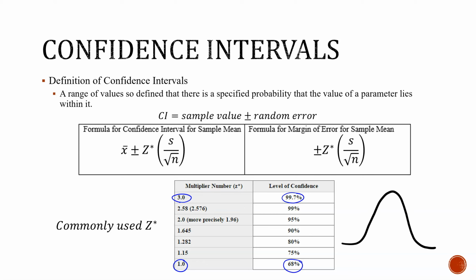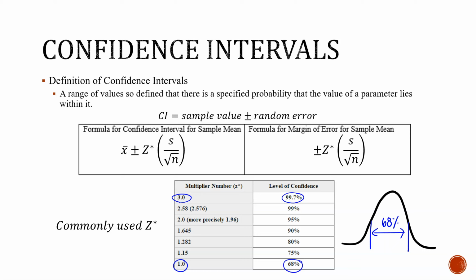My hope is that when you see 1.0 as our z-crit value, one standard deviation above and below the mean would capture 68% of the area under the curve. So if we want a 68% level of confidence, we would use a z-crit of 1.0.